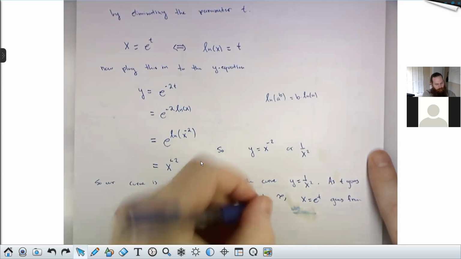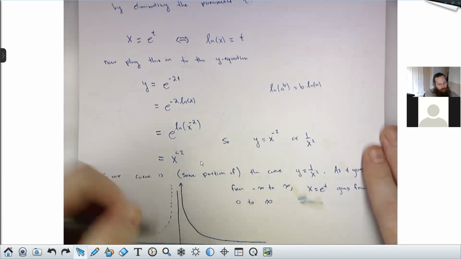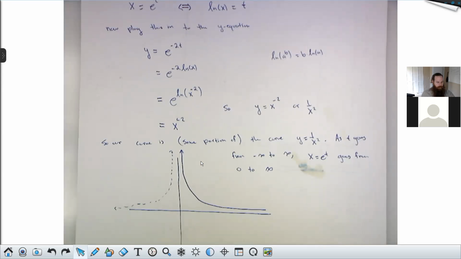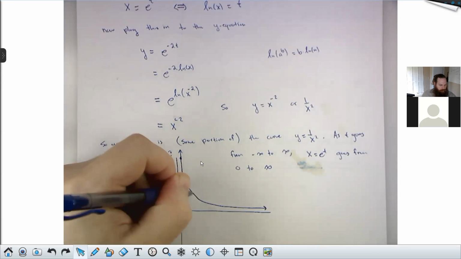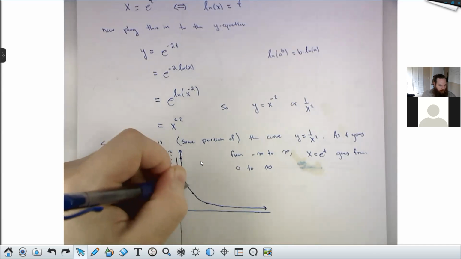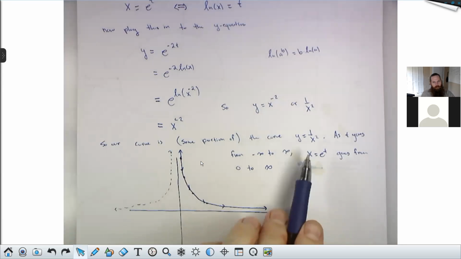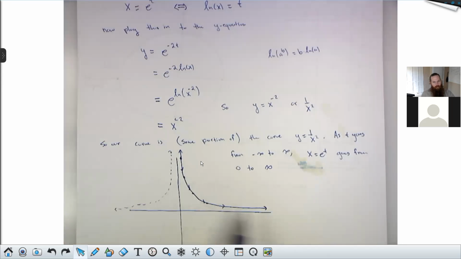And as t goes to positive infinity, e to the t goes to positive infinity. So even though y equals 1 over x squared has another piece over here, that piece is not a part of this parametric curve. My parametric curve is just this piece. And we're going in this direction. Because as t gets bigger, e to the t gets bigger. And as t goes to negative infinity, e to the t goes to 0. So my parametric curve here is just this portion of y equals 1 over x squared.